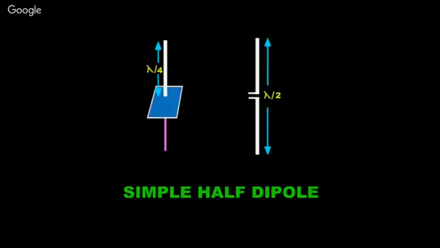Now see this figure here again. This is lambda by 4 above this surface area, and this is lambda by 2. In general, the dipole is lambda by 2, half the wavelength. But why is it lambda by 4 here? In case of radio transmission, the frequency is very low.